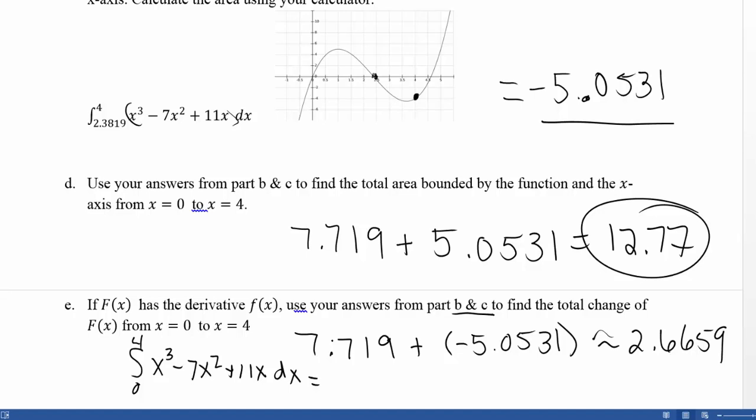When I plug that in on my calculator, I get 2.666 repeating, or 2.6667, which is pretty close to my approximation that I got adding up my areas. The difference is because I rounded in Parts B and C, so there's a tiny bit of rounding error, but as you can see, it's minimal. So again, area above positive, area below negative, but only when you're talking about derivatives and the change of the original function. Let's look at another example.